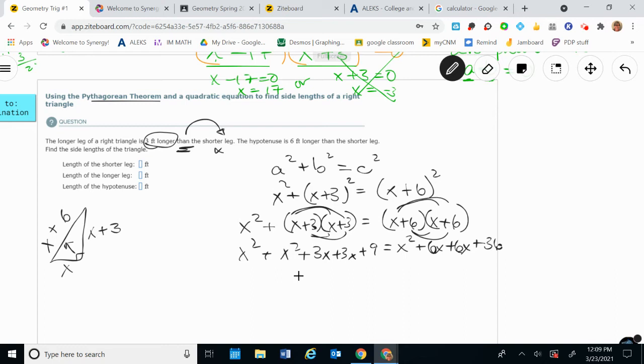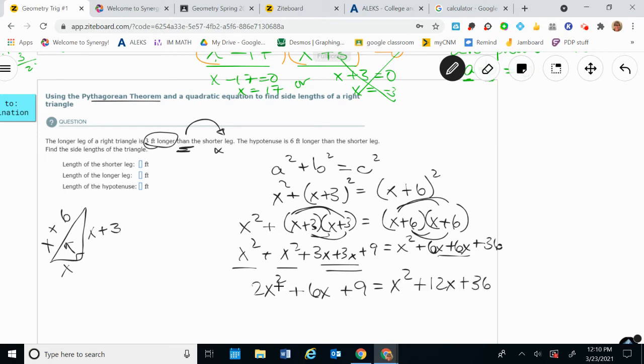Okay. Make sure you stop the video if you don't know what I just did so that you can see it. Combine like terms. These 2 are like, so you got 2x squared. These 2 are like, plus 6x plus 9 equals. These 2 are alike.